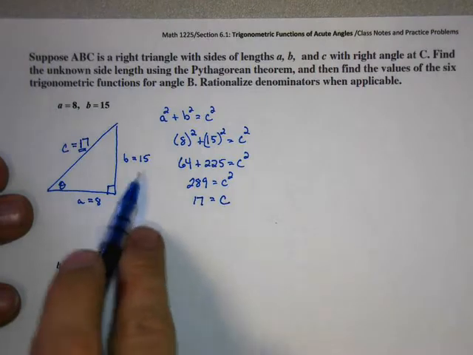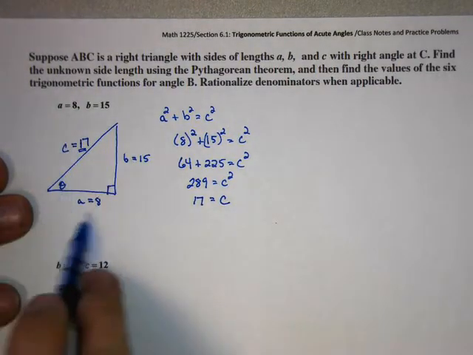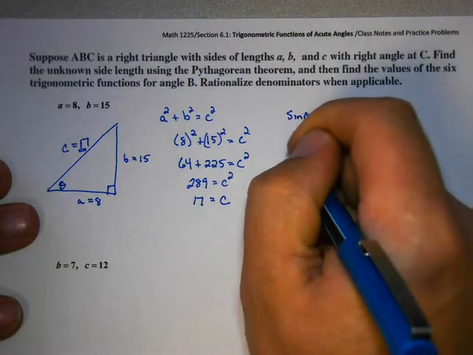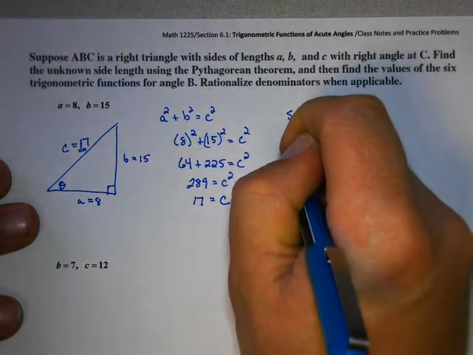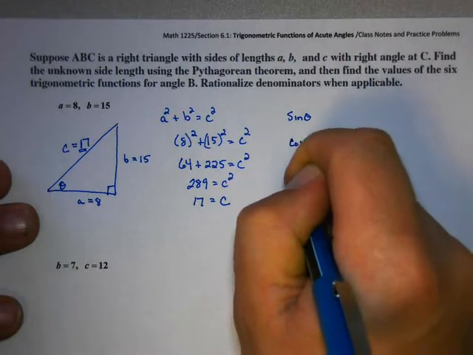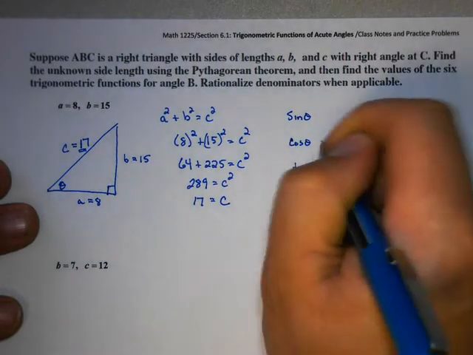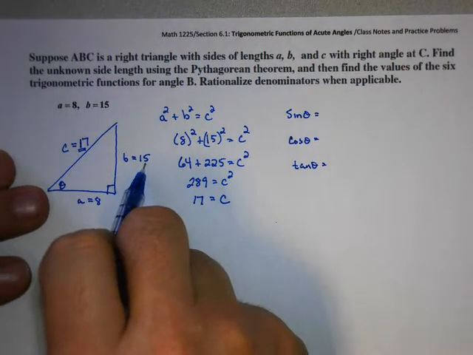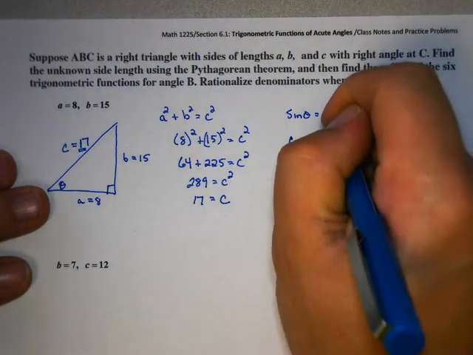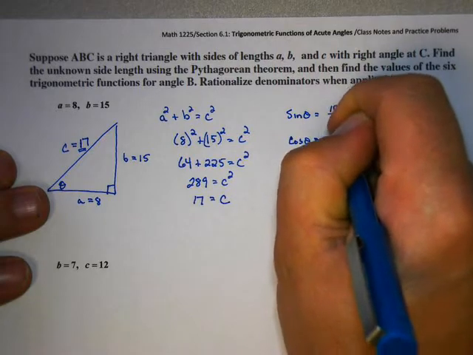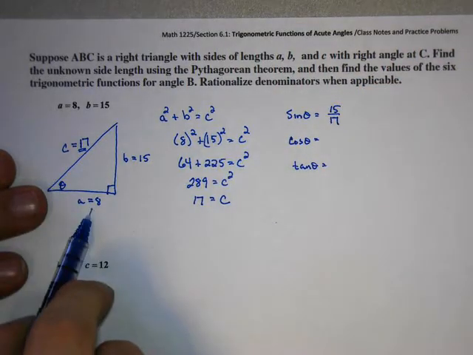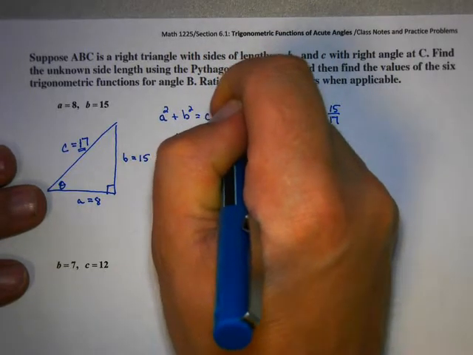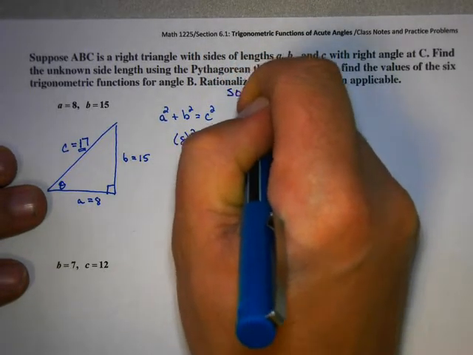And once we have all three sides, then we really have all the trig functions, all the ratios: sine theta, cosine theta, tan theta. Sine theta is going to be your opposite over hypotenuse, 15 over 17. Cosine theta, that's our adjacent over hypotenuse, because remember, SOHCAHTOA.